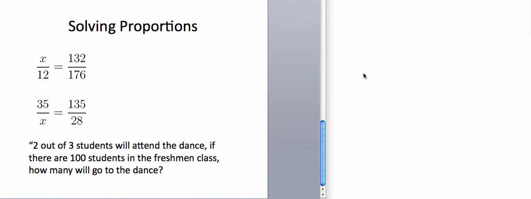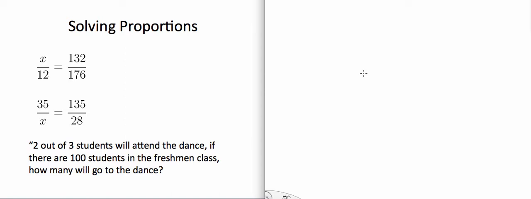Okay, so this first example here, we've got x divided by 12 is equal to 132 divided by 176. So this is a proportion. These are two ratios. x over 12 is a ratio. 132 over 176 is a ratio.